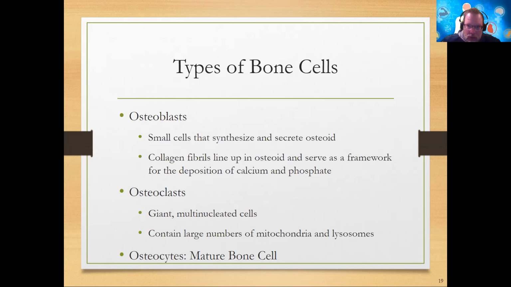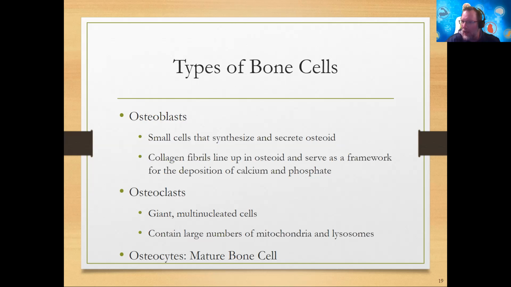That's what leads to bone spurs. When blasts are out of control, the clasts can't keep up, the chiselers can't keep up. That's when spurs form. Okay, so clasts are a little bigger.